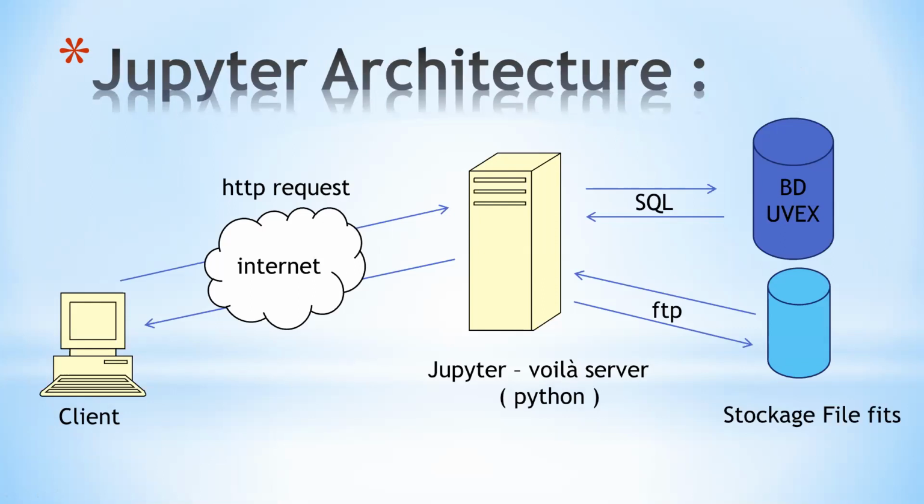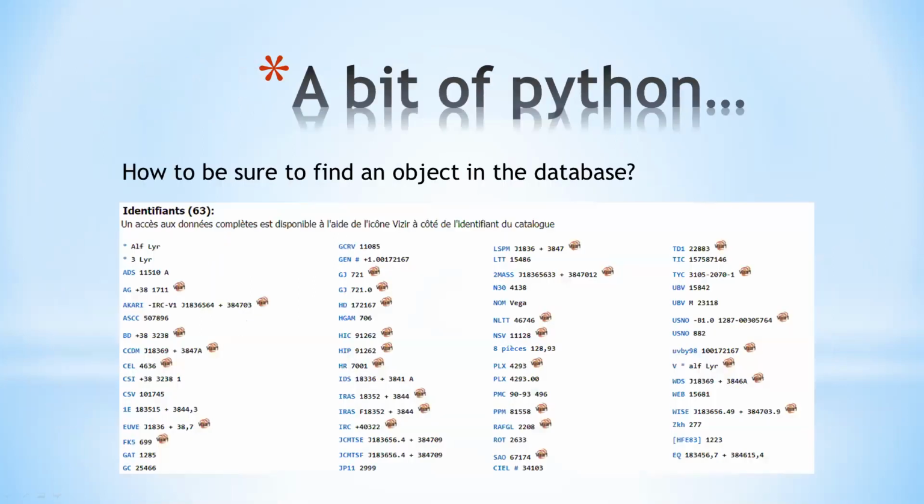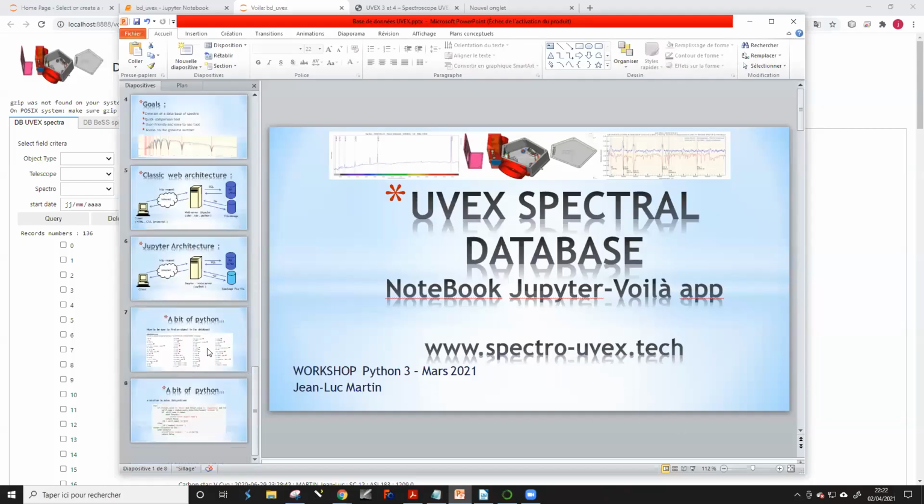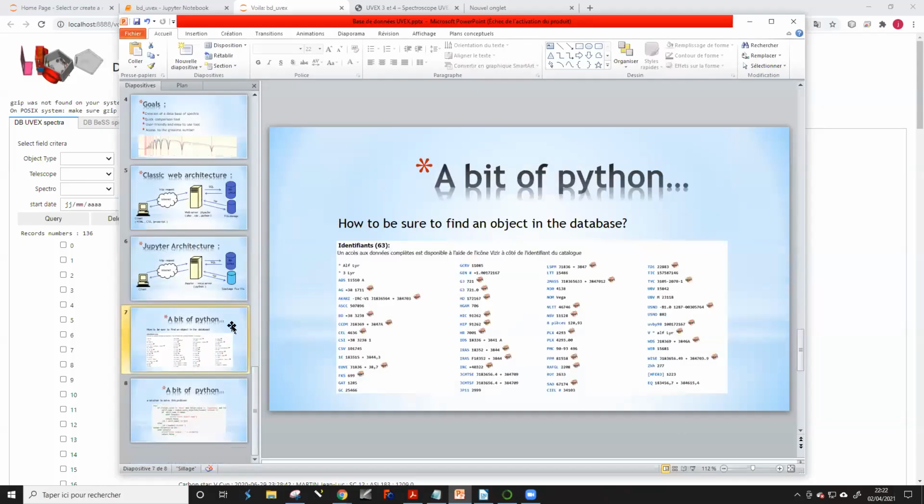The only languages to master are Python and SQL, of course, for database queries. The Voila server compiles the Python code and makes the Python code inaccessible. Of course, pardon, just voilà. Ici, here.